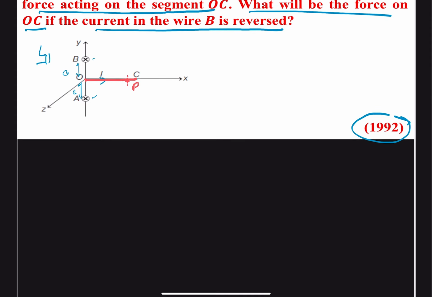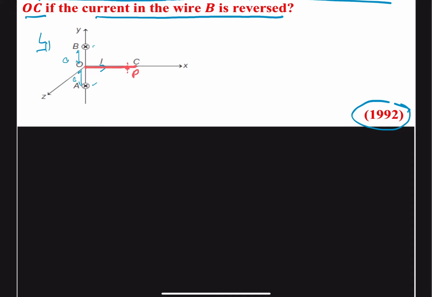So in this case, the direction of the magnetic field due to B at this point P will be perpendicular, and its direction will be something like this. Because of A at point P, the magnetic field will be along this direction, perpendicular, and let's call that BA. And because of the current flowing through B, the magnetic field at this point P will be perpendicular, and it will be having this direction. Let us suppose that is our BB.